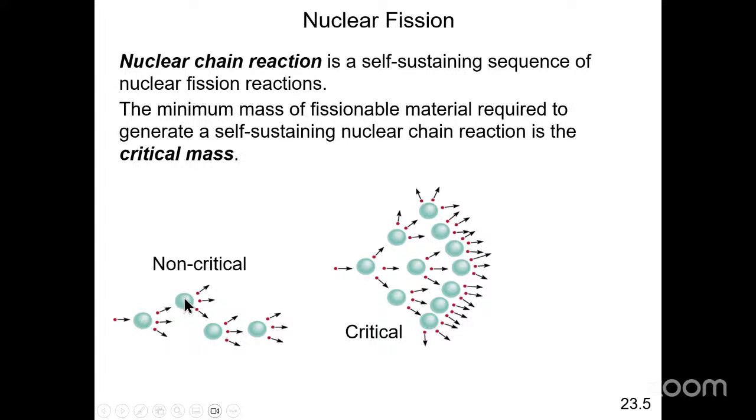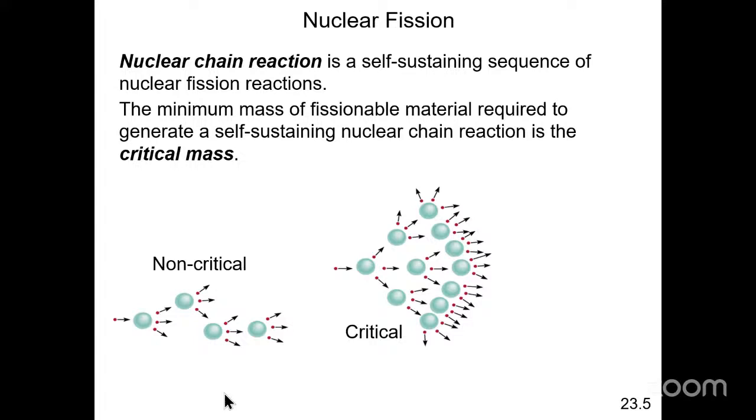Each neutron can hit another uranium-235 nucleus, and as you can imagine, the number of possible reactions at each step increases exponentially, right? So this is what we call a nuclear chain reaction. Each time you have an impact between a neutron and uranium-235, it produces the amount of energy that I just described, and it just continues. So collectively, in aggregate, you're going to get a large amount of energy being produced.